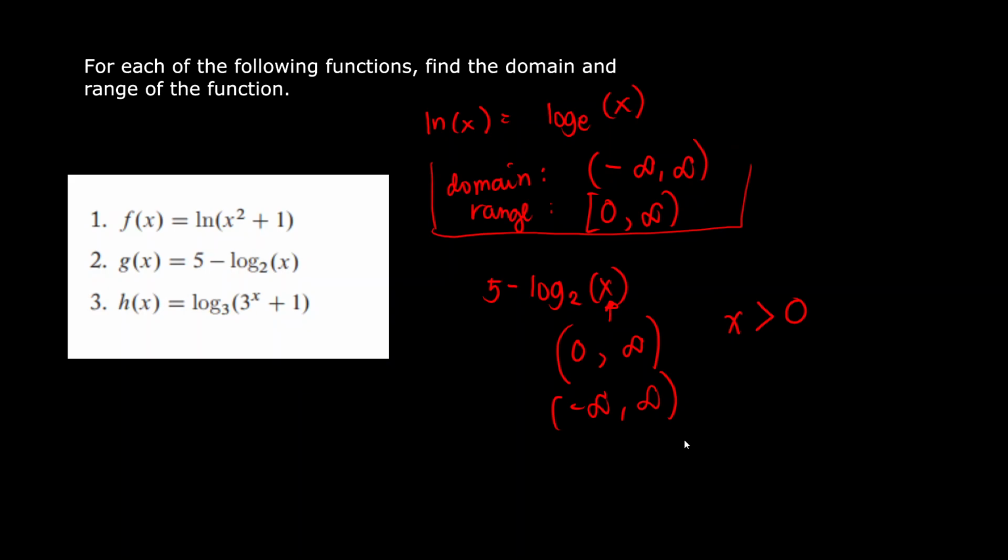Sa number 3 naman, ang hindi lang naman pwede dyan is wala. Try natin, log 3, 3 raised to x plus 1. I-try natin sa calcu. Kapag nag-input tayo ng 0, may lalabas pa rin na value. Pag nag-input tayo ng negative 1, may lalabas pa rin na value.